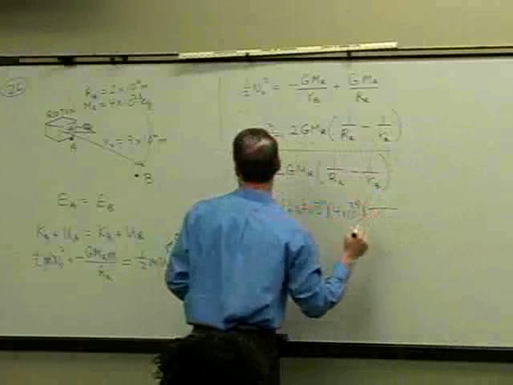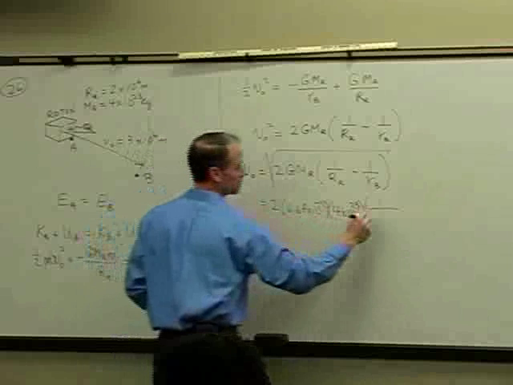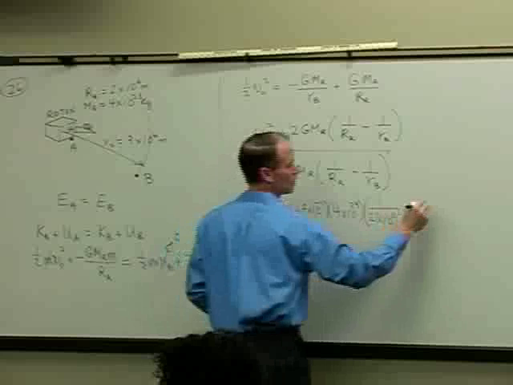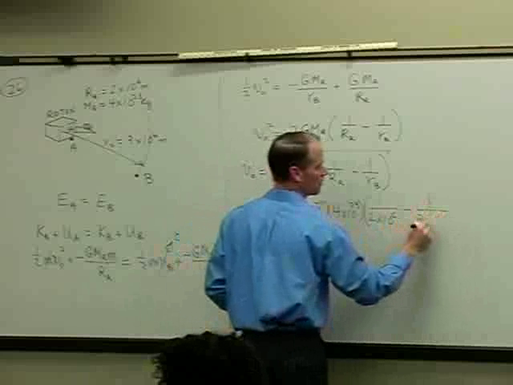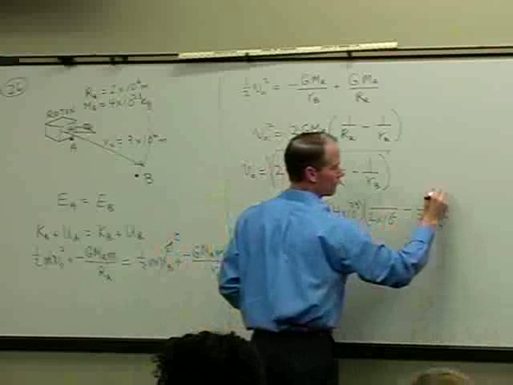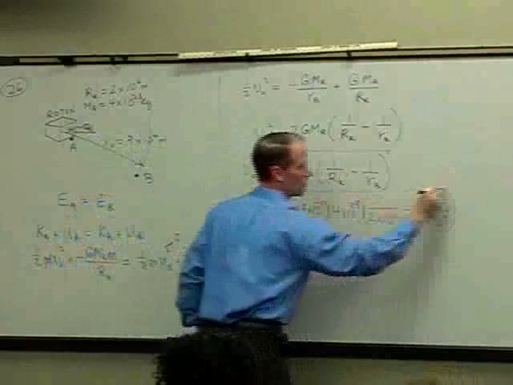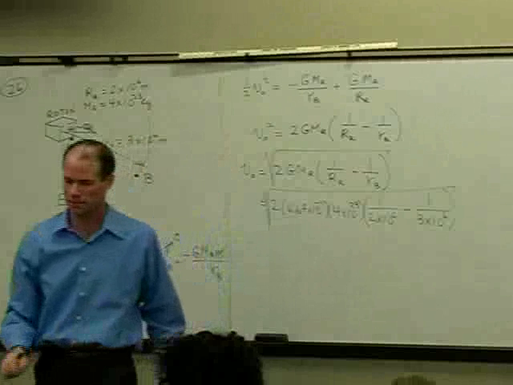1 over the radius of Rotan, which is 2 times 10 to the 6, over a radius of b, which is 3 times 10 to the 6. All that square root.